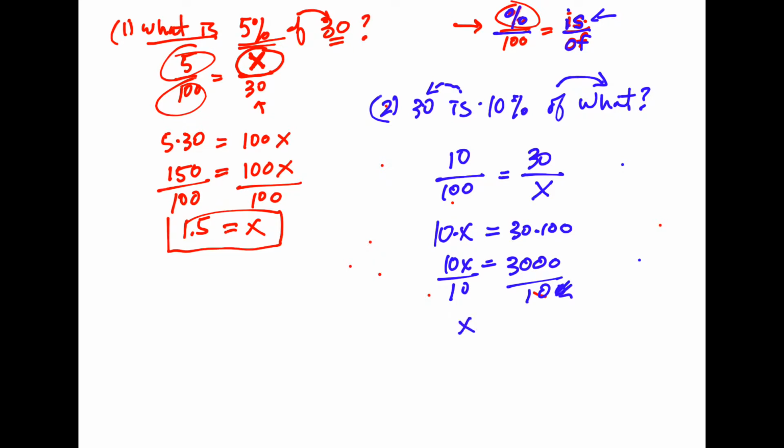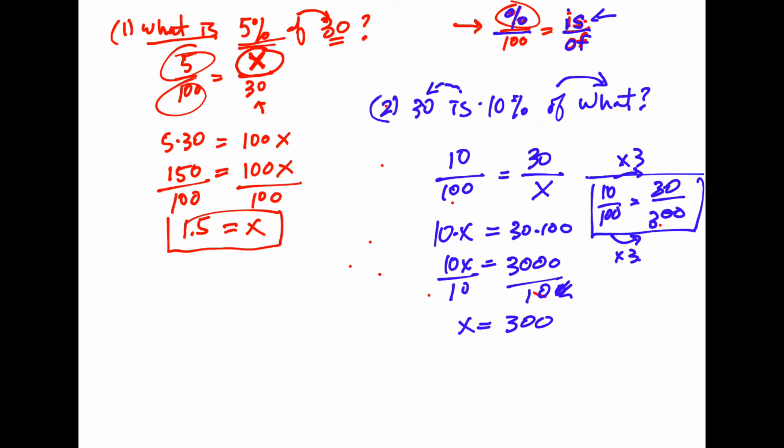I get x is equal to 300. So we see that 10 over 100 is equal to 30 over 300. We can see this works because 10 times 3 is 30, and 100 times 3 is 300. So these are proportional fractions.